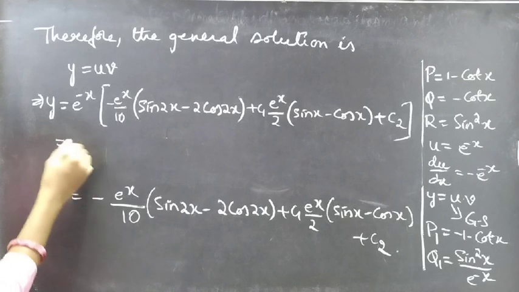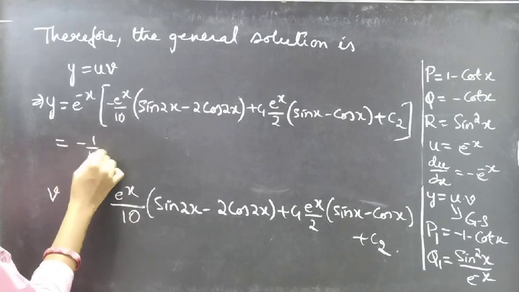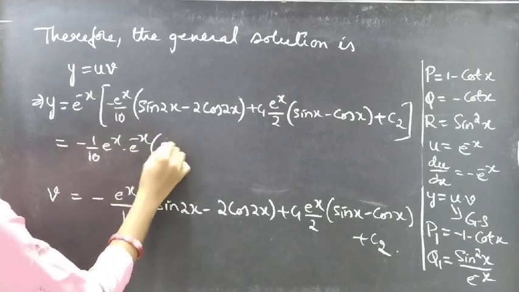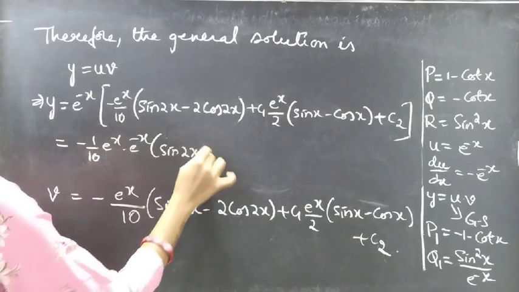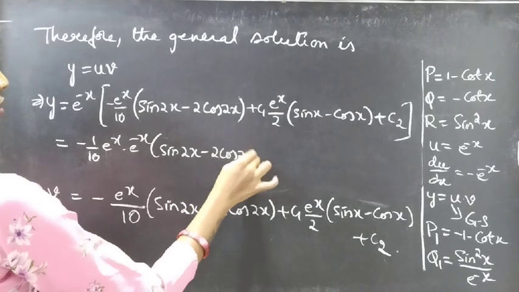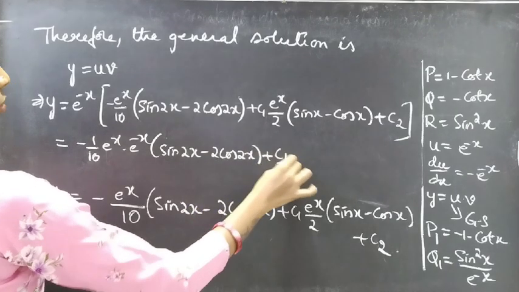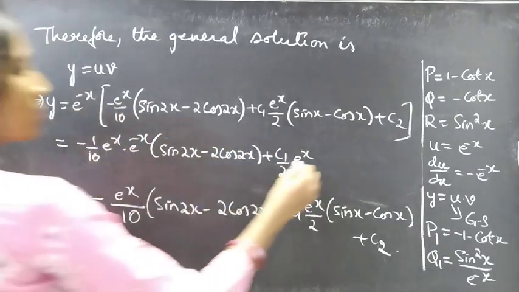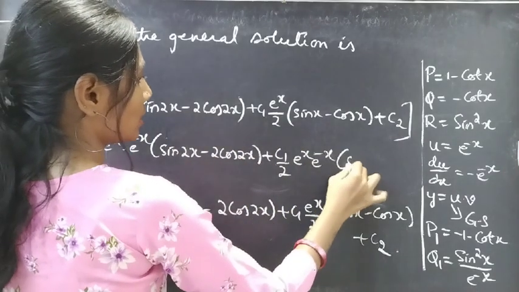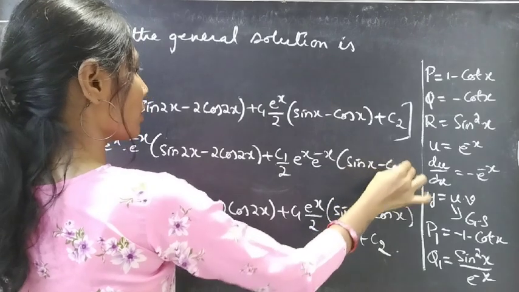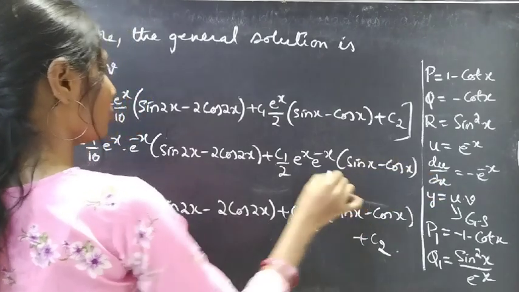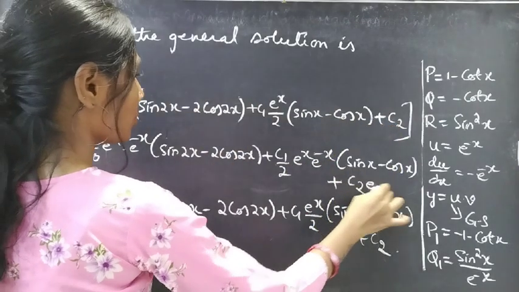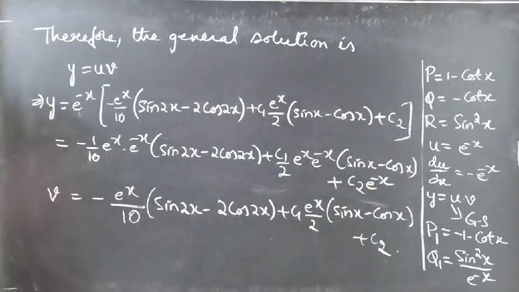This becomes minus 1/10 into e^x into e^(-x) into (sin 2x minus 2 cos 2x) plus c1 by 2 into e^x into e^(-x) into (sin x minus cos x) plus e^(-x) into c2, which is c2 e^(-x).